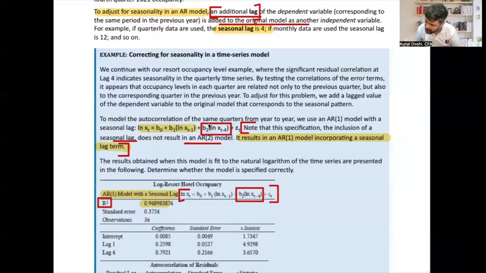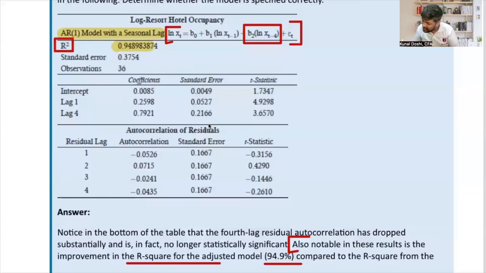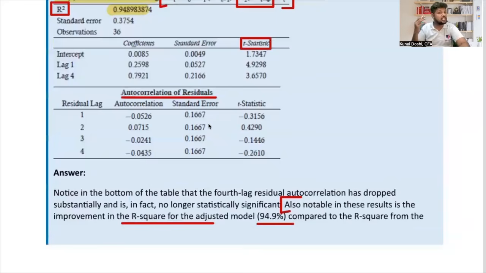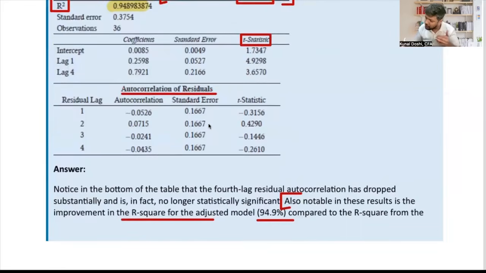Now by looking at the same information, we will see the test statistic has been provided. And now looking at the autocorrelation of the residuals, everyone in the class, look at now, none of them are statistically significant. Initially, Q4 was, right? Notice that in the bottom of the table, the fourth lag residual autocorrelation has dropped substantially and is in fact no longer statistically significant.